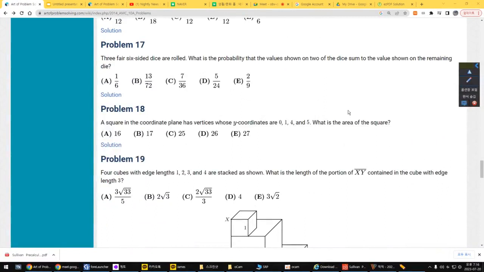And in 17, so we can think of the triples, which make the sum of the two, or make the value on the remaining die, like this. 1, 1, 2 is 1 triple. 1 plus 1 is 2.